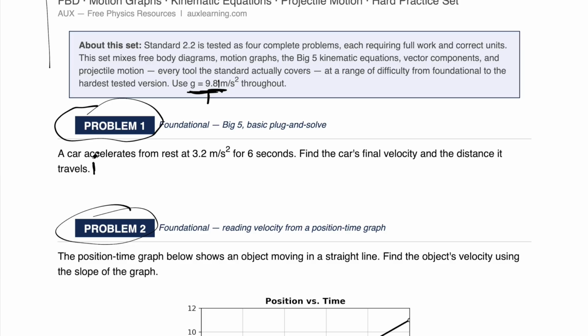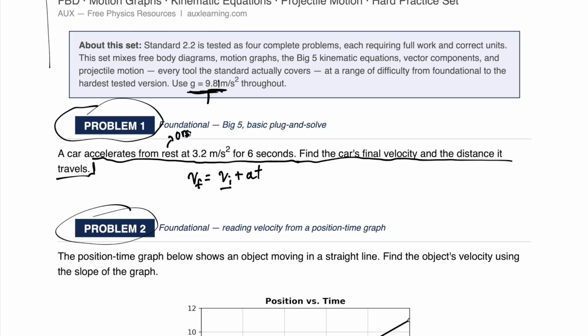A car accelerates from rest at 3.2 meters per second squared for 6 seconds. Find the car's final velocity and the distance it travels. Final velocity is given by this equation. It's the only one that works, because we have initial velocity, which is 0 since it accelerates from rest, we have acceleration, and we have time.